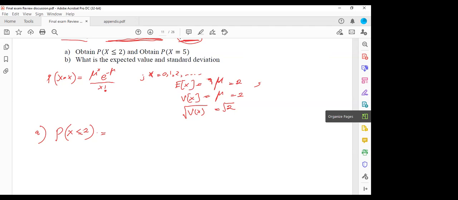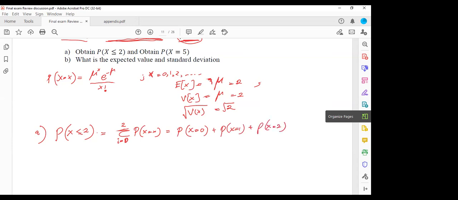This is going to be the summation for i from 0 to 2 of probability of x equals x, which means probability of x equals 0 plus probability of x equals 1 plus probability of x equals 2. These three.